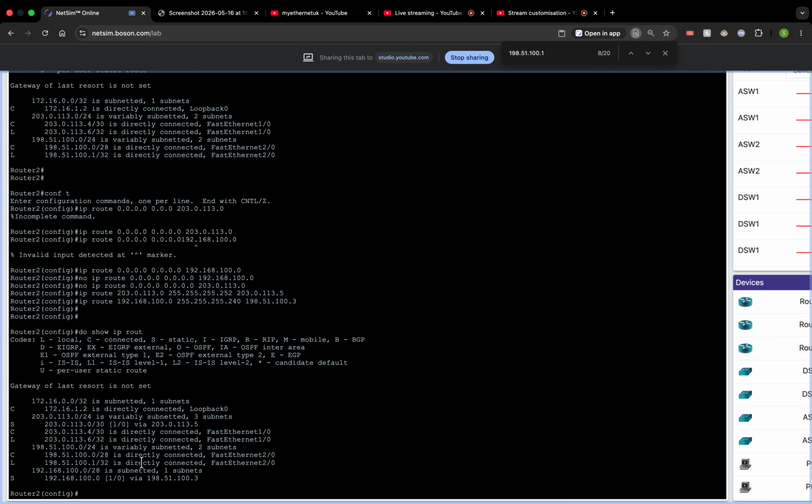It's got a route to 192.168.100.0. We can see that static route configured via 198.51.100.3, so we can see an exact route to that VLAN.